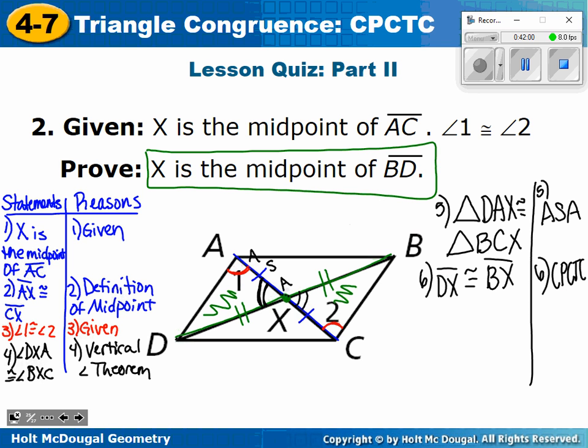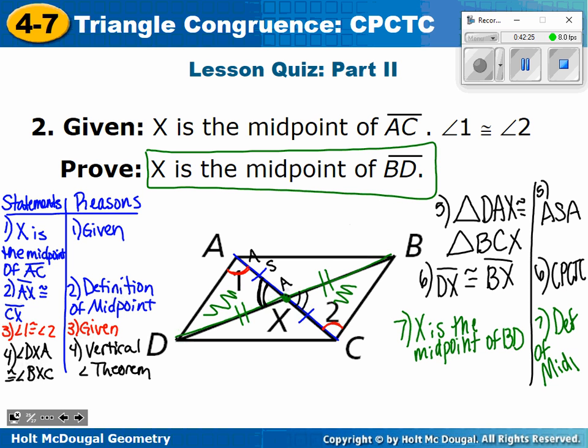So now we have these 2 pieces congruent, and if those 2 pieces are congruent, X must be the midpoint. So 7 would be X is the midpoint of BD. And how did we know that? Definition of midpoint, it's going backwards. So definition, I'm going to abbreviate there, don't abbreviate on your homework. Definition of midpoint.